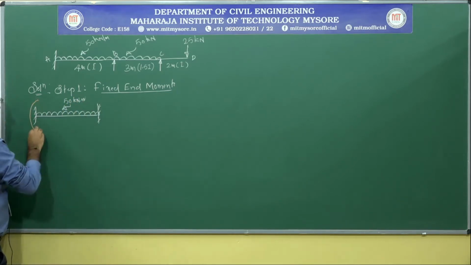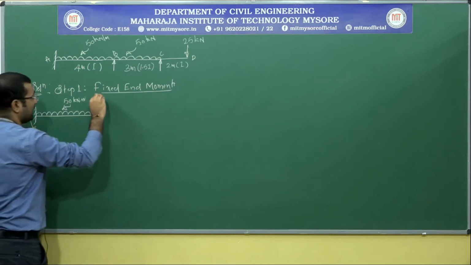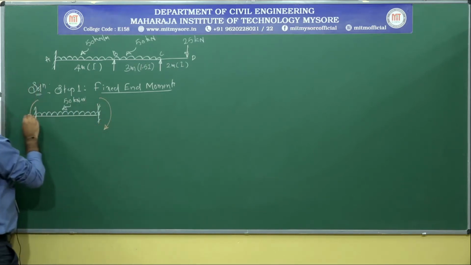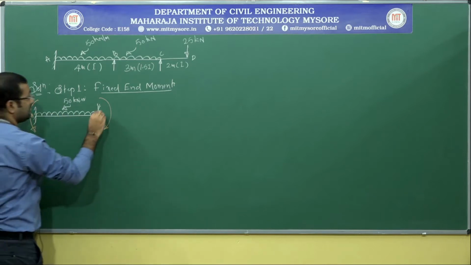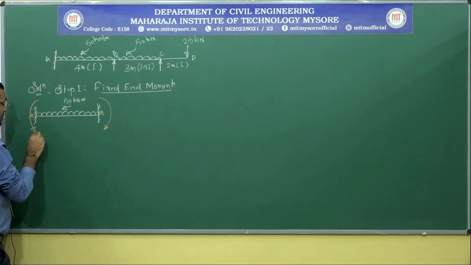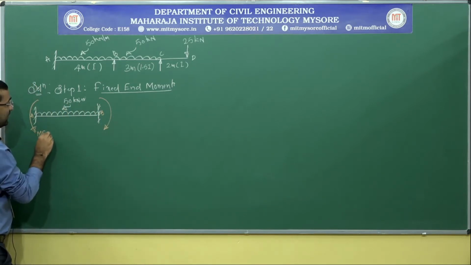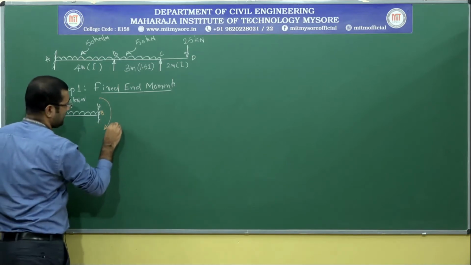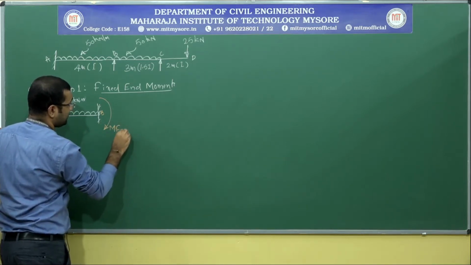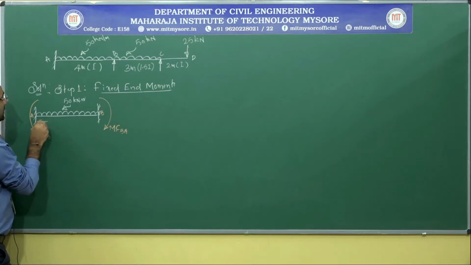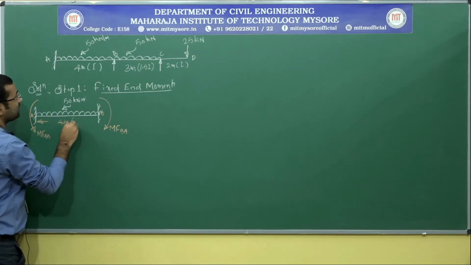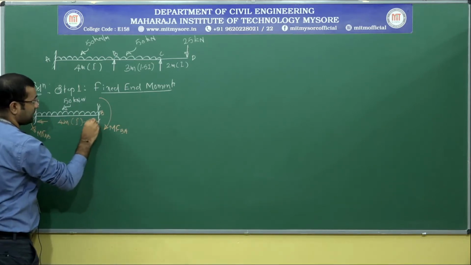Here the fixed end moments are MFAB and MFBA. This is end A, this is end B. So, this moment is MFAB and this is MFBA. Here the span is 4 meter and the I value is I, right.